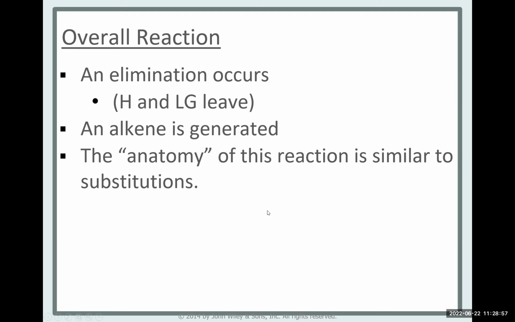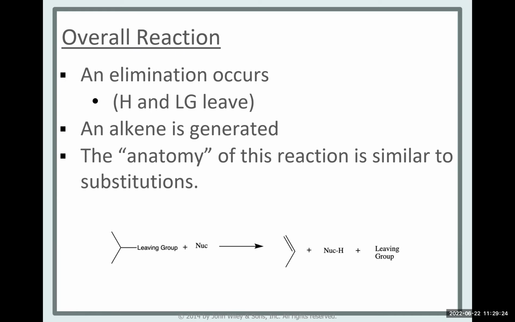The anatomy of this reaction is really similar to a substitution reaction, which is why they compete. We still have the leaving group, which is also the electrophile or the substrate. And then we have a nucleophile, which in this case acts more like a base because it's stealing a proton. We talked about nucleophiles versus bases. Nucleophilicity is determined based on how much it acts in a substitution reaction.